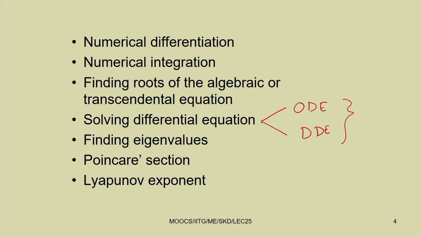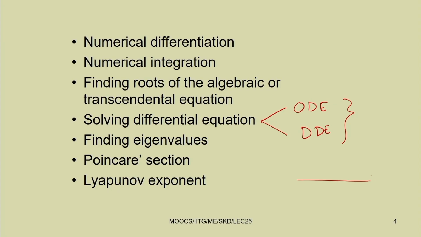Then how to find eigenvalues. You already know eigenvalues are required to study the stability of the system. Particularly, we know the Jacobian matrix and we find the eigenvalues of the Jacobian matrix to find the stability of the system. You may recall that if you plot the eigenvalues in the S plane, that is real part and imaginary part, the system is stable if the roots are in the left hand side of the S plane.